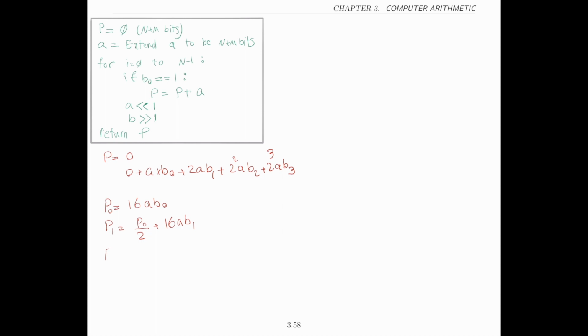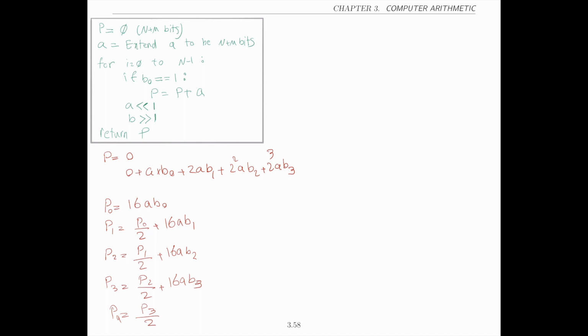Then I'm going to take b2 and set it to p1 divided by 2 plus 16 times ab2. P3 is going to be P2 divided by 2 plus 16 times AB3. And P4 is just going to be simply P3 divided by 2.